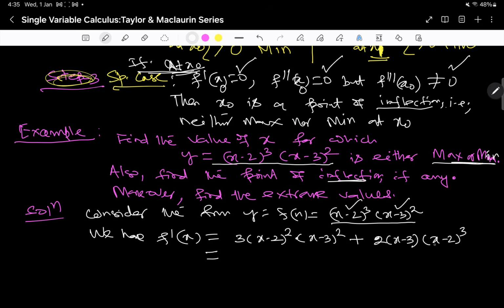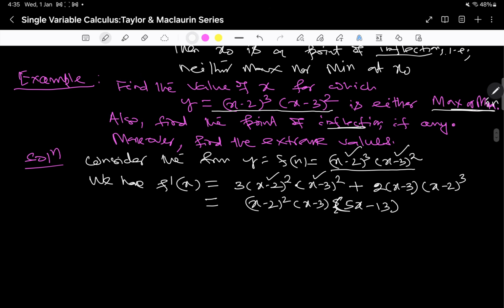So if I take common (x - 2)^2 (x - 3), it will give you 5x - 13, okay, 5x - 13. So it is your f dash x.